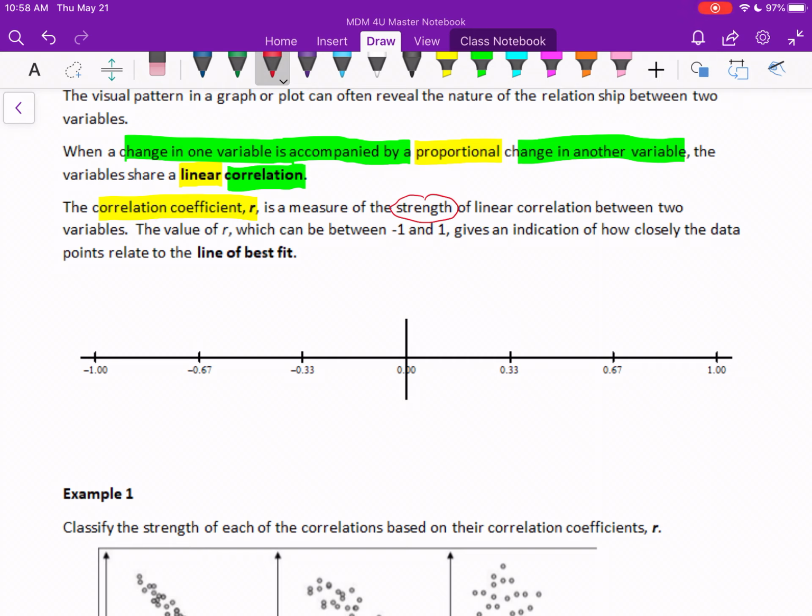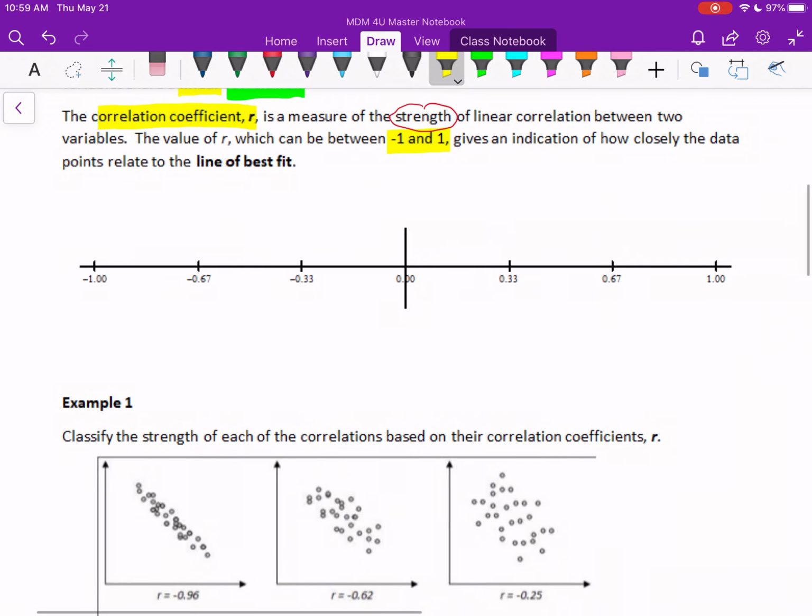So to put it in different words, we're going to be given this R value, and it's going to be something between -1 and 1. That's the range of values that R can take on, and that tells us how strong the relationship is between two variables. So it's a continuum.